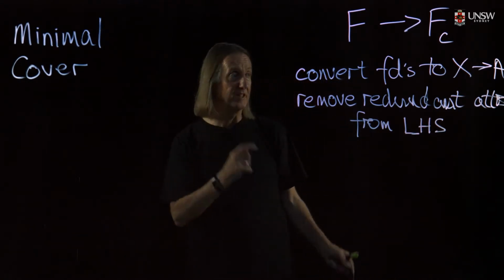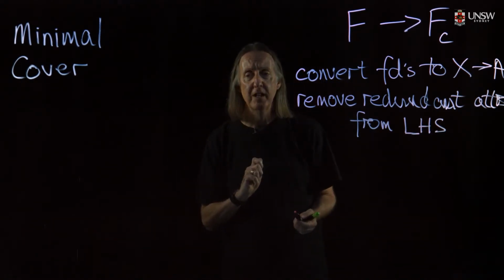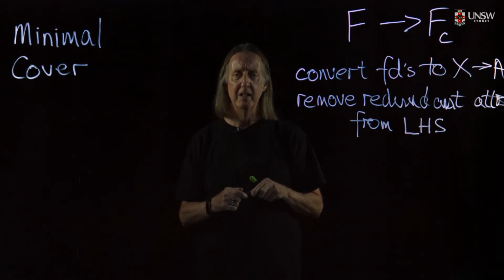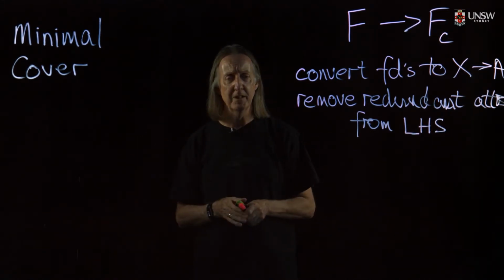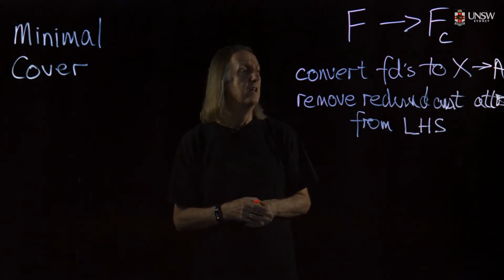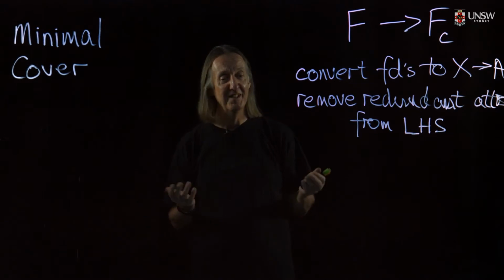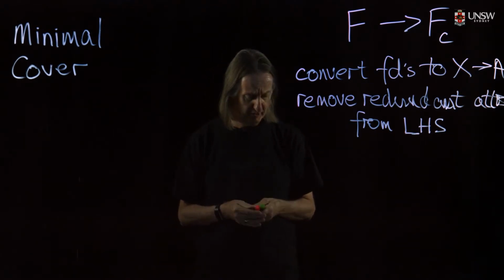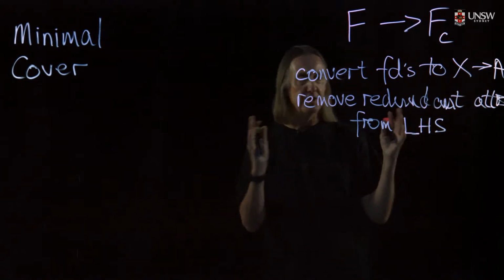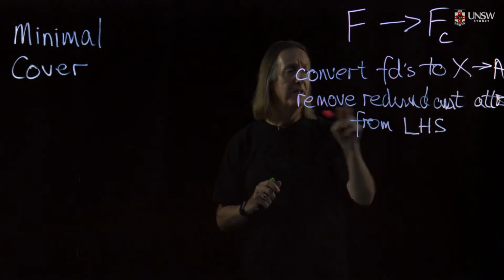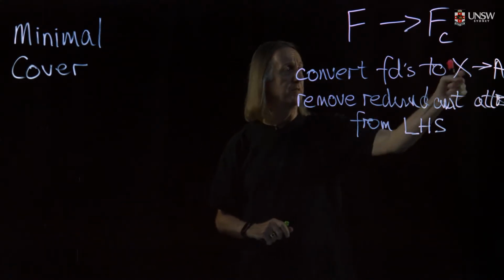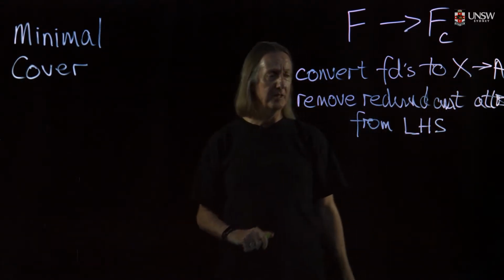Well, we know they're redundant if we take them out and the set of functional dependencies still gives us the same result. We can work that out by taking an attribute closure, or if you're really keen, a functional dependency closure. That converts all of our original FDs to a particular form. This makes them smaller in the sense that we're removing stuff that we don't need from the left-hand side.